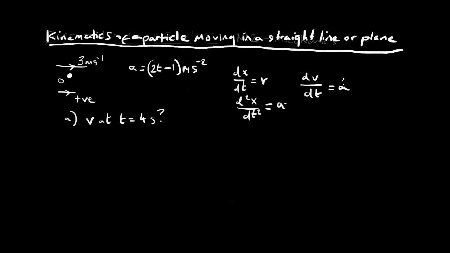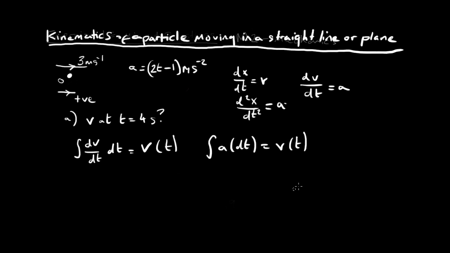So in other words, if we want to find the velocity, we need to say that the integral of dv by dt with respect to dt is equal to v as a function of time, which is what we're looking for. Another way of expressing the same thing would be to say that the integral of a with respect to time is equal to v as a function of time.